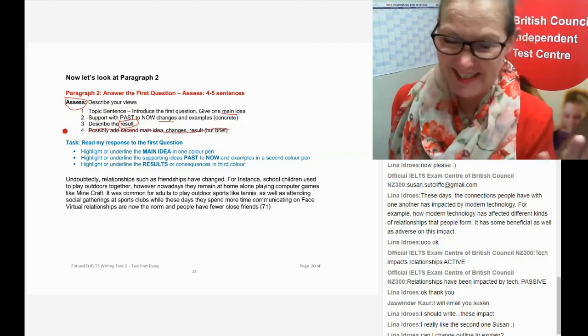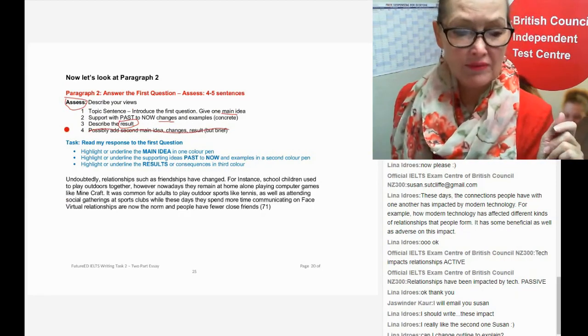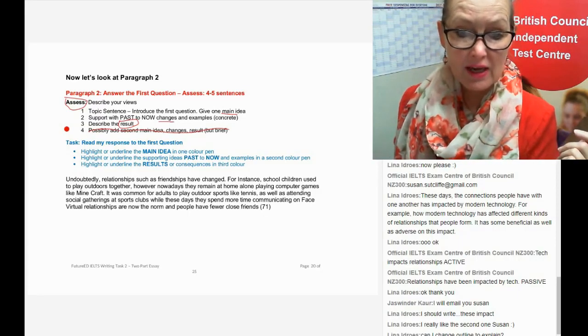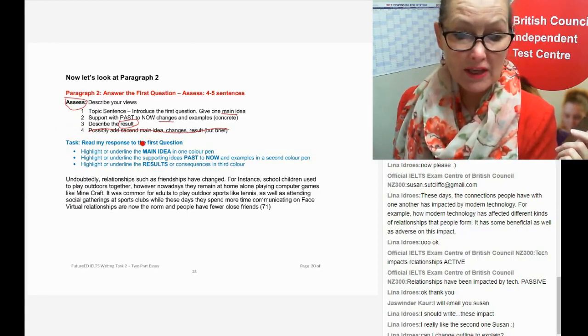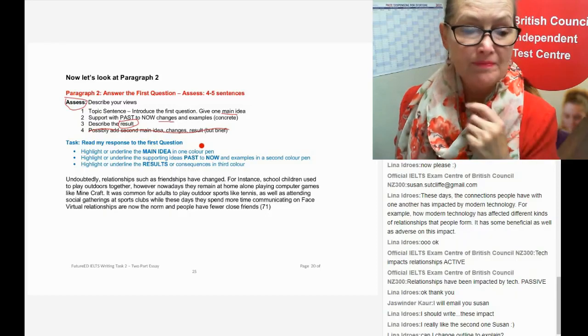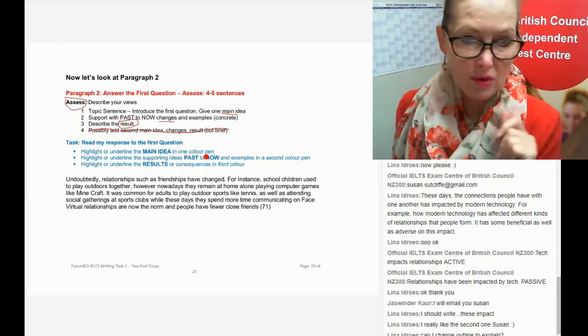Then I move on to the next sentence. In the following essay, I will outline how technology has impacted and why. So now I've really got two sentences, but I've got my more complex structure.